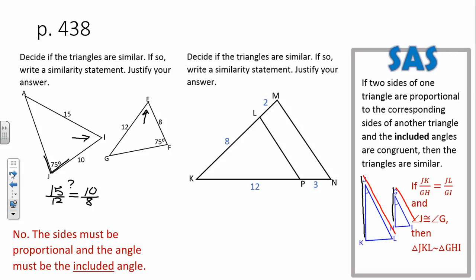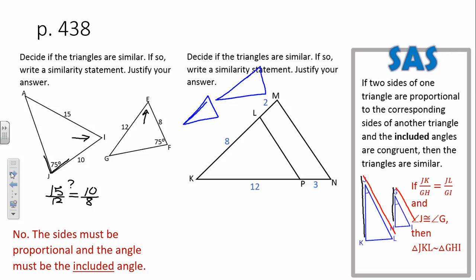Last example says decide if these triangles are similar, and if so, write a similarity statement and justify your answer. So I see a triangle nested or embedded within a triangle. So if I want to break those two triangles apart, I can say there's a smaller triangle and a larger triangle. Try to make them look similar.